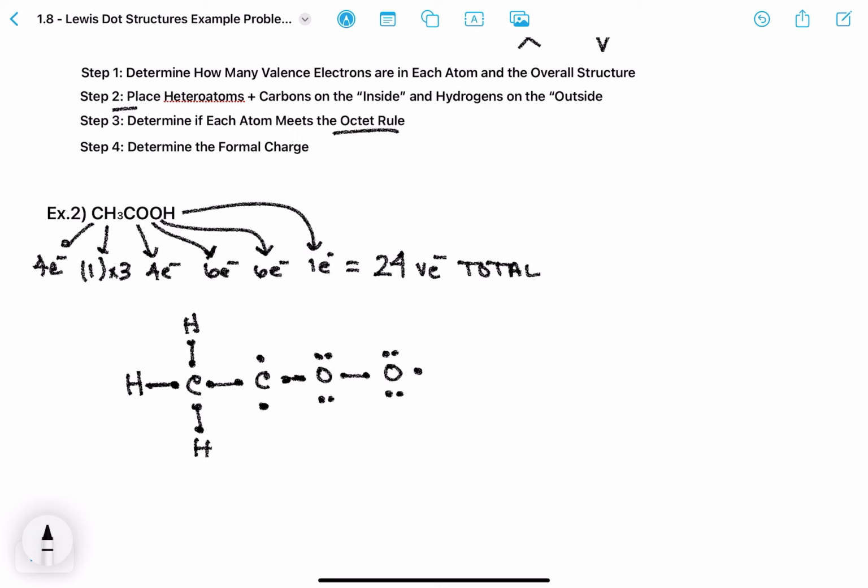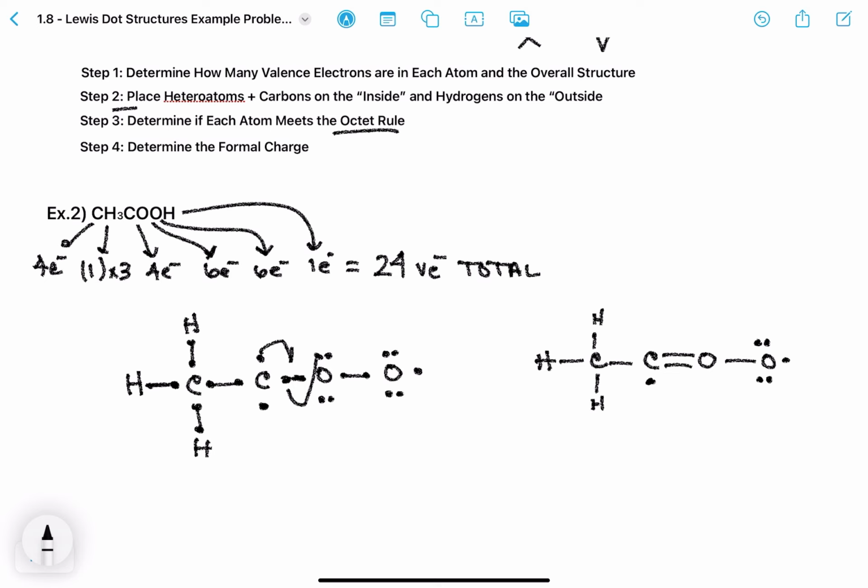Now, here's the thing. What if I take an electron from there and form a bond? Let's take a look, count valence electrons.